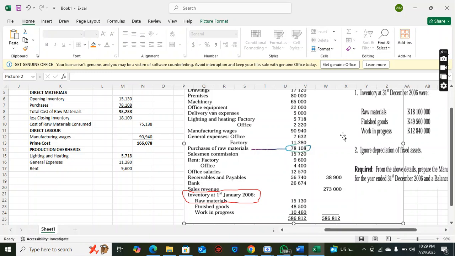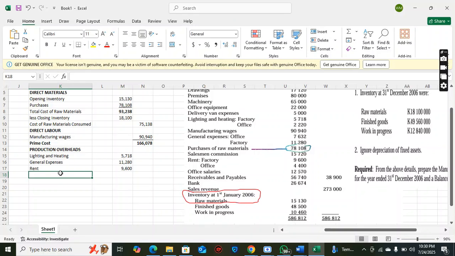Oh, and we have machinery here. Since there's no depreciation, if there was a depreciation charge, this machinery is in the factory, not in the offices. So if there was depreciation, we would have put the depreciation of this machinery here. But they've told us to ignore depreciation.